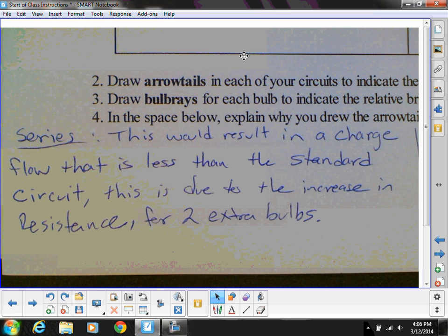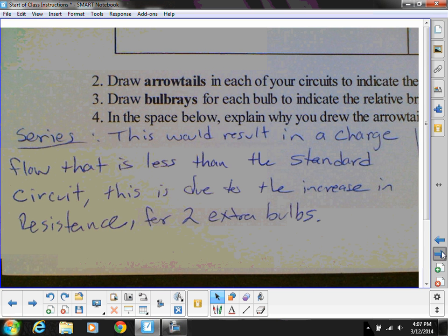As we talked about, when things are in series, the more bulbs in series, the greater the resistance in the circuit, and so that's going to lower the charge flow, and we also saw that the bulbs are dimmer as a result. So this would result in a charge flow that is less than the standard circuit, and this is due to the increase in resistance for the 2 extra bulbs.